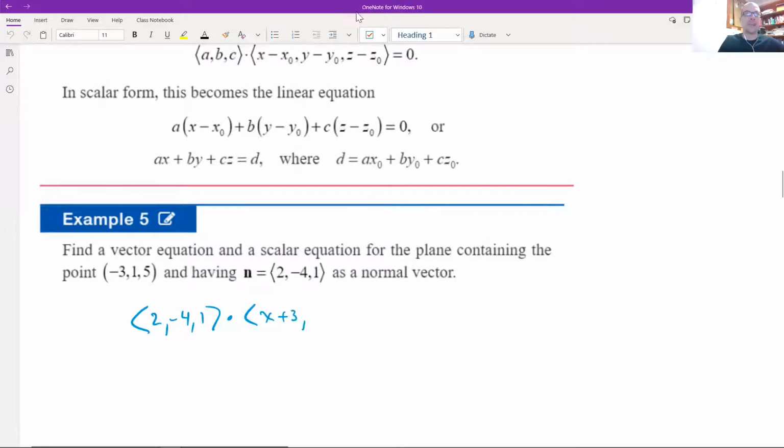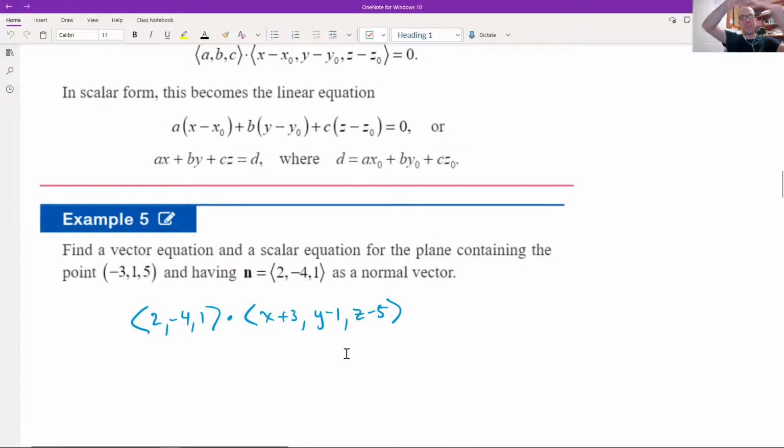now, because that's a -3 and this is x minus x0, that turns into a +3. And then y minus 1 and z minus 5 means that we've incorporated that point. Essentially, by this transformation, we've shifted everything down.